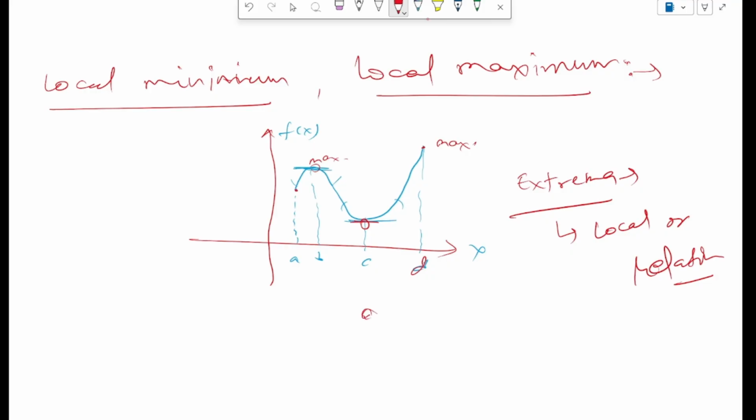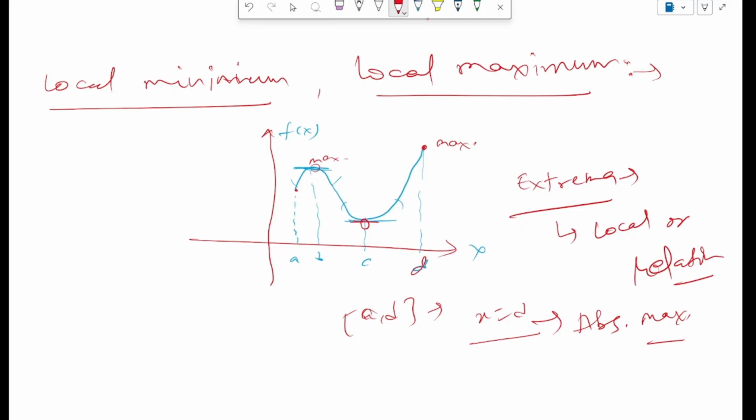If it is between A to D, then we can say that at x equal to D we have the absolute maxima. This is the maximum point of the function in this whole A to D domain.